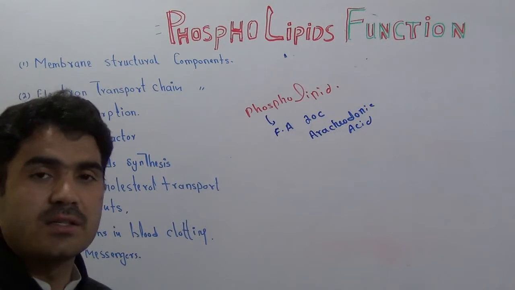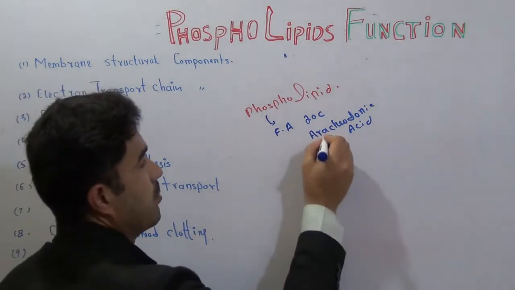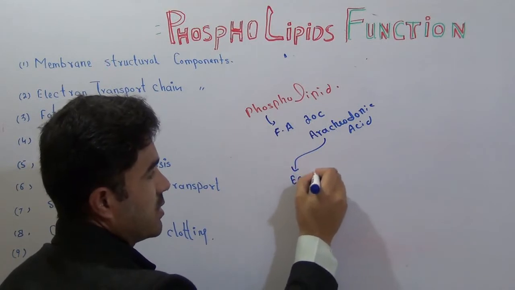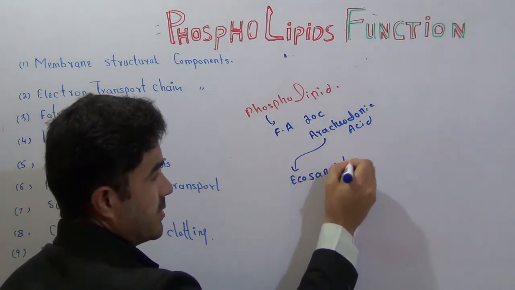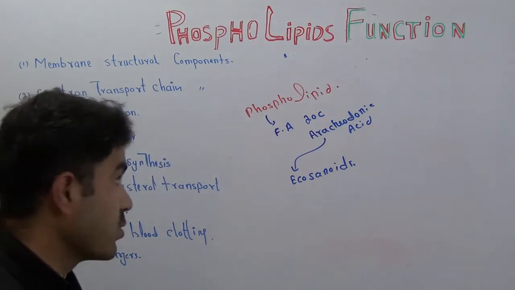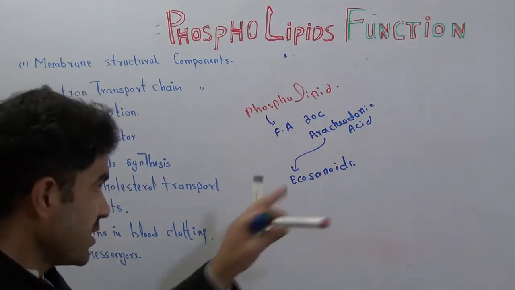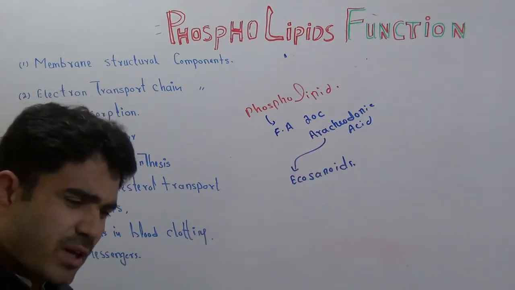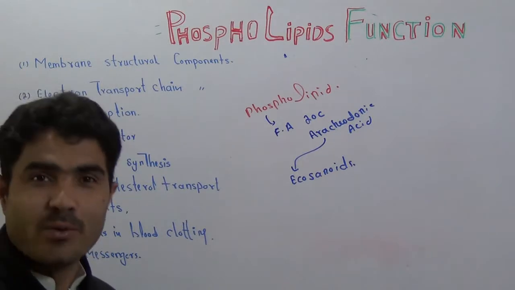This arachidonic acid will give us a special compound called eicosanoids. So it will give us a family of compounds called eicosanoids, meaning it is not a single compound. From this arachidonic acid we will get different compounds.